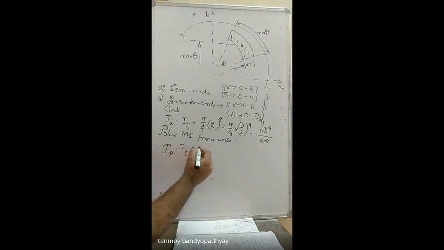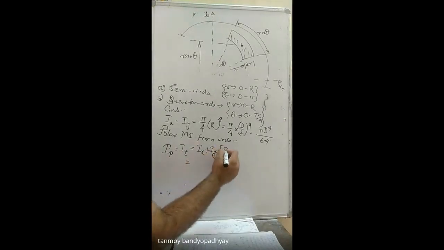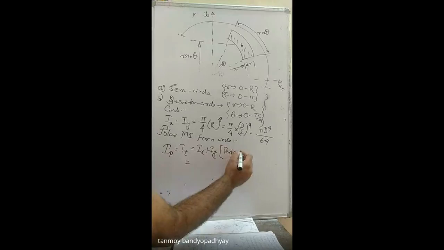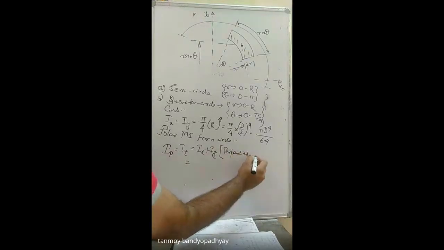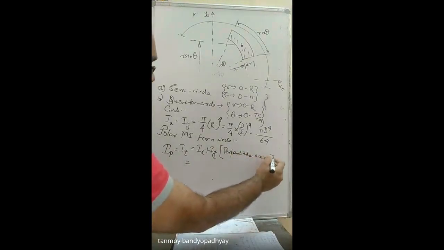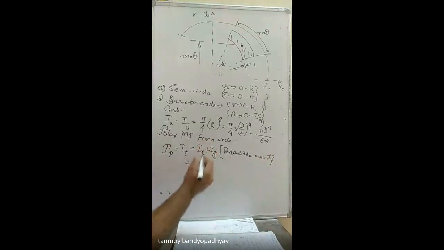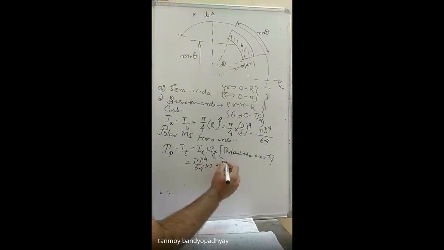Using the perpendicular axis theorem, we have Ix plus Iy, which is equal to pi d to the power 4 by 64 into 2, that is pi d to the power 4 divided by 32. As you can see, I can rotate a circle easily about the z-axis, but it's difficult to rotate it about the x or y-axis.